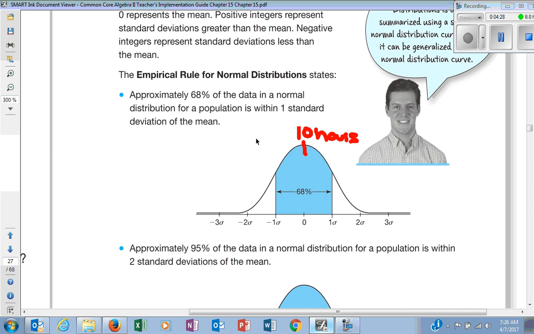Well, when I do the rest of the data, one standard deviation below and one standard deviation above, that should account for 68% of all of my phones. All of my phones, 68% of them should fall between 9.5 hours and 10.5 hours. Does that make sense?